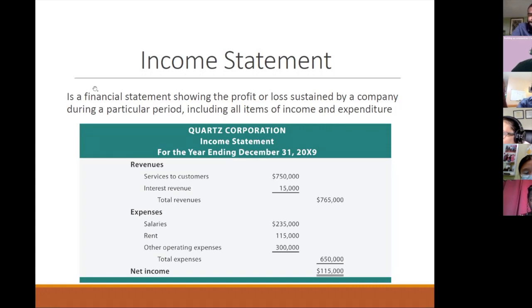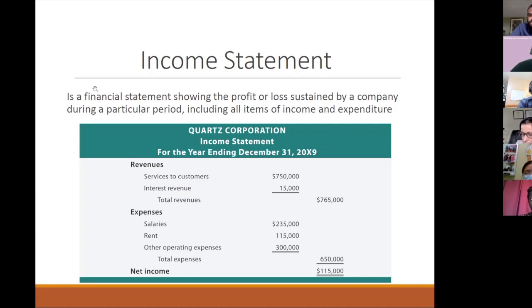Your balance sheet is going to show all your transactions to date, depending on when your year end is. Most companies year end on December 31st or whatever it is, but it's going to show all your transactions to date. So if you run a balance sheet and say, give me my balances as of September 30th, 2021, it's going to give you all balances from the inception of the company to September 30th, 2021.